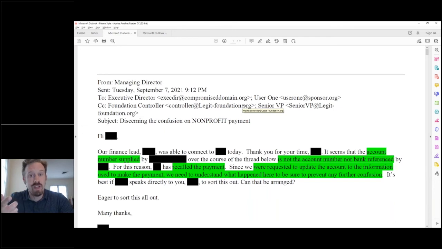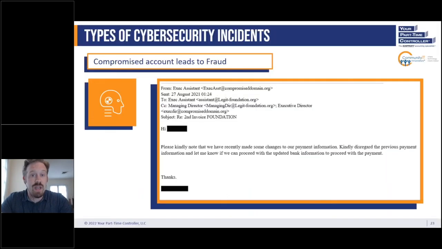There was phone number verification provided by the hacker. All of these different steps were a relatively well-constructed ruse for this fraudster to take over an account at a legitimate organization and then try to perpetrate fraud against the foundation that was expecting to make a payment to that organization.